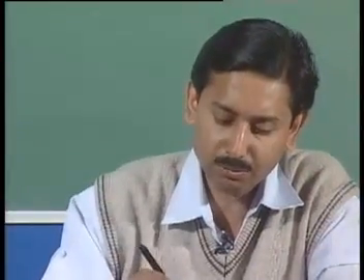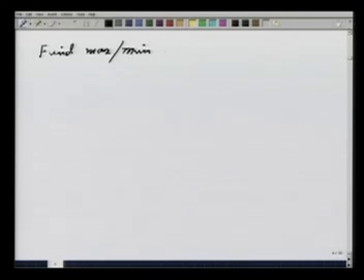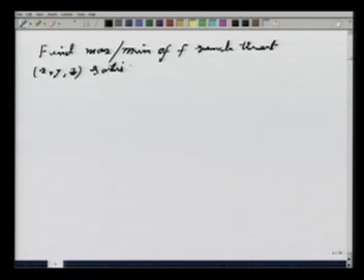So a typical statement of a constrained extremum problem is something like: find the maximum or minimum of f such that x, y, z satisfies g of x, y, z equal to some constant.